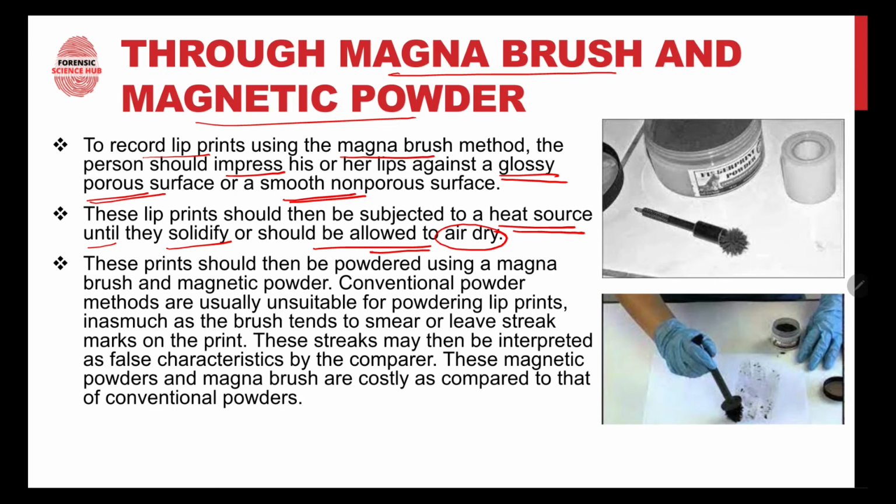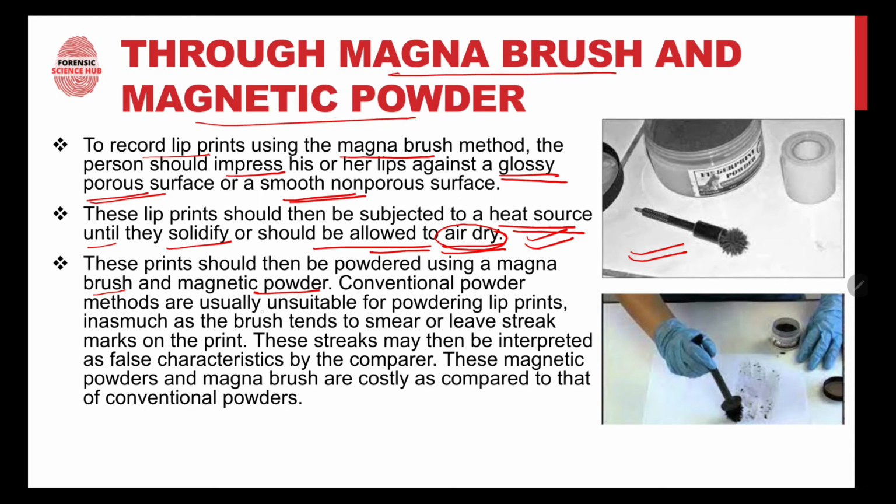So once the person has impressed his lips onto the desired surface, the lip print should be subjected to any heat source so that they can solidify. If the heat source is not available, then the lip prints should be allowed to air dry. These prints should then be powdered using a magna brush. This is how a magna brush looks like, and then using magnetic powder.